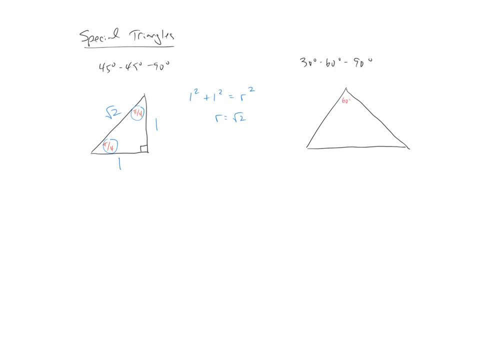So 60 degrees, 60 degrees, and 60 degrees, added together, we hit 180 degrees. And using that same property from before, if we have two 60-degree angles, in this case 3, then all of the sides opposite have to be the same. Now, for convenience purposes, I'm going to select a 2 for each length to get started.